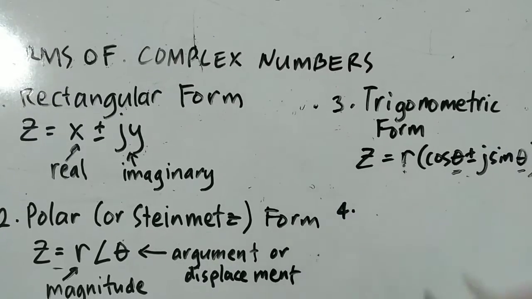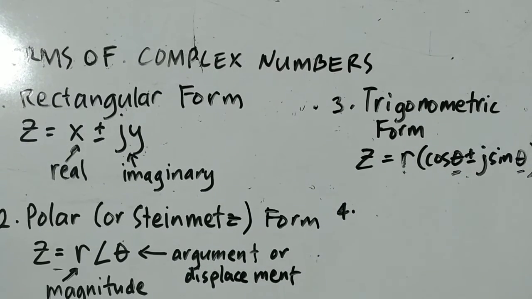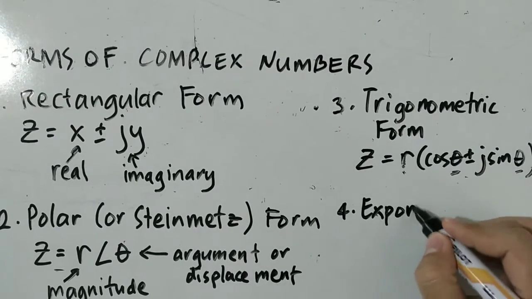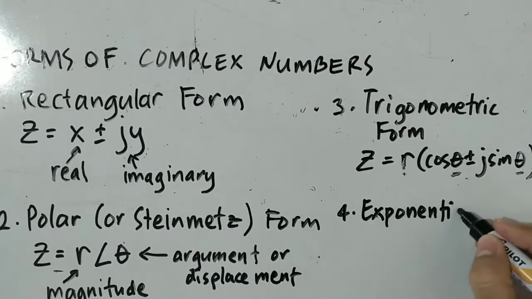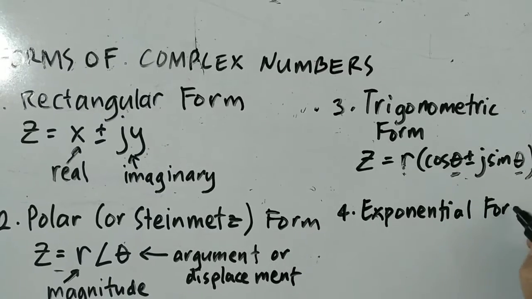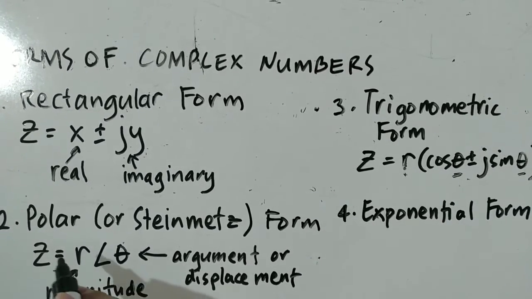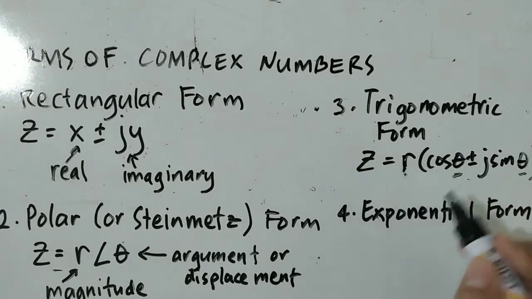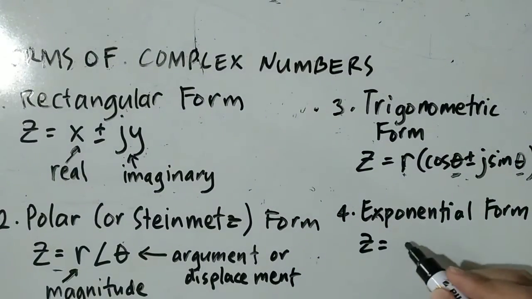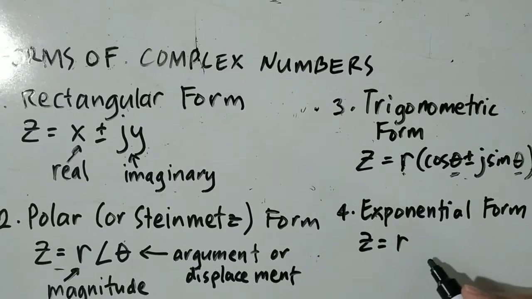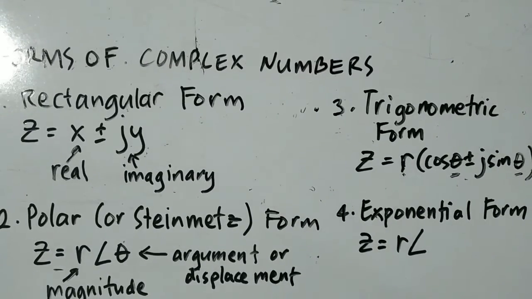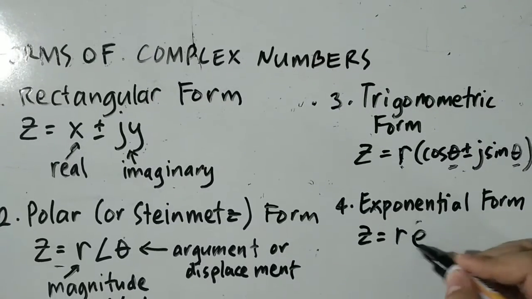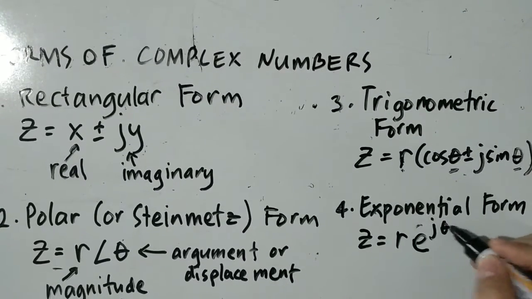And the last is what we call the exponential form. So the trigonometric form and the polar form translate directly to exponential form by taking r and then the exponential e to the power of j theta.